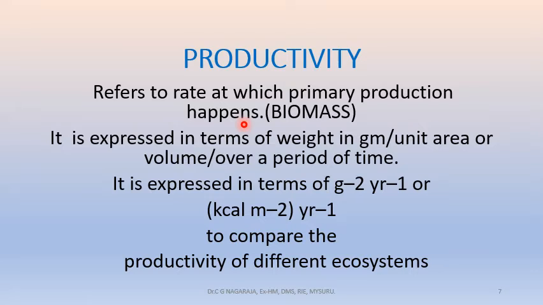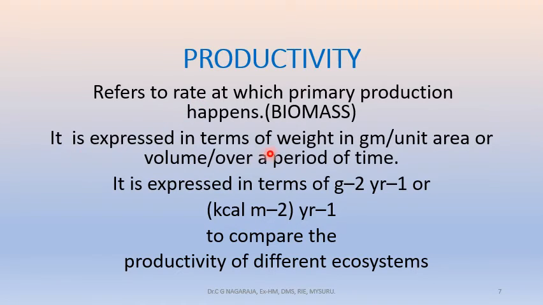For example, the plants in the darker area, at the surface level of the forest, may produce less. Tall trees may produce more. So again, the rate is important.